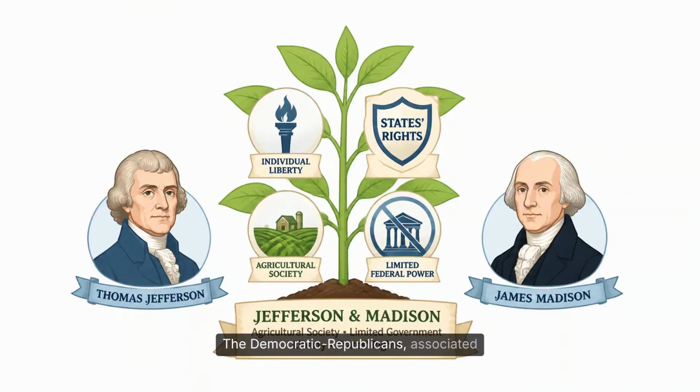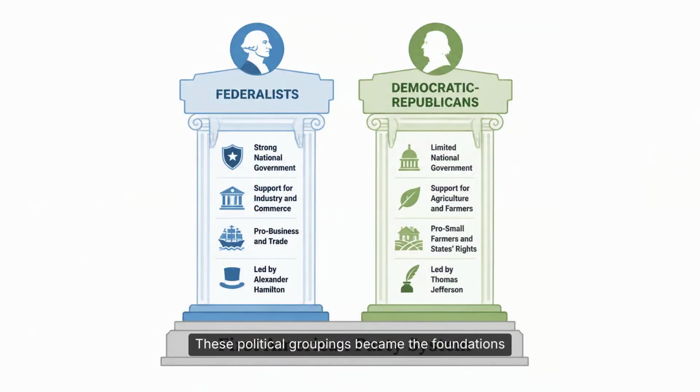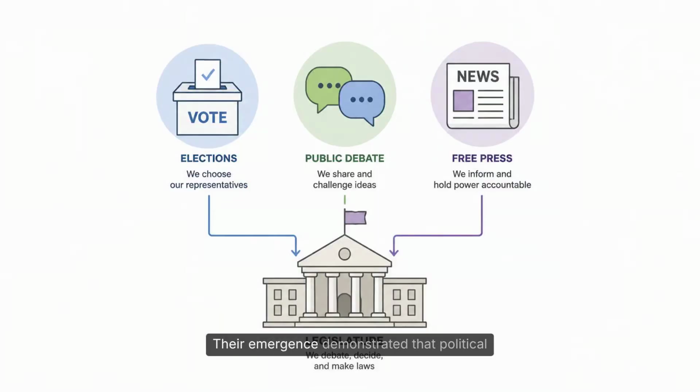The Democratic Republicans, associated with Thomas Jefferson and James Madison, emphasized states' rights, agricultural society, individual liberty, and a more limited interpretation of federal power. These political groupings became the foundations of the first American party system. Their emergence demonstrated that political disagreement could be organized through elections, public debate, newspapers, and constitutional institutions.